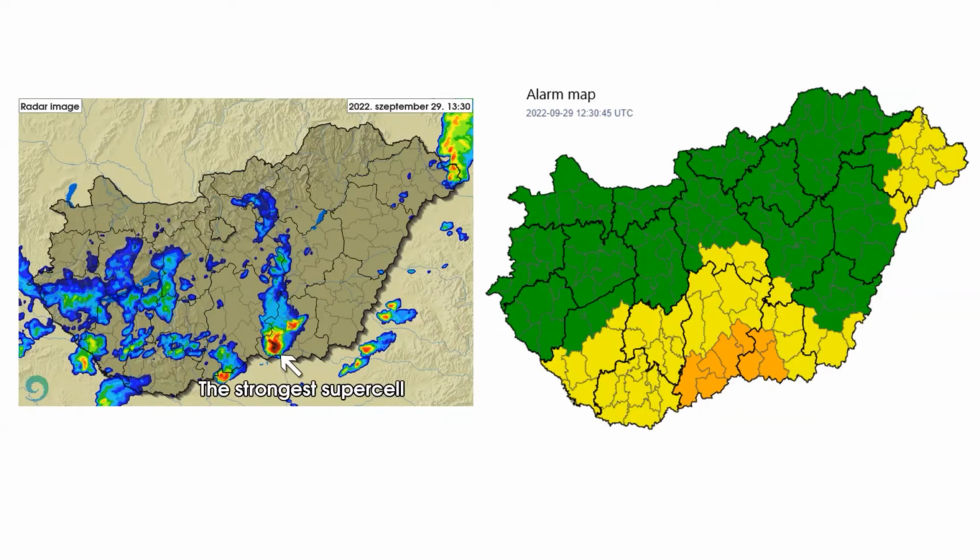You can see the level 2 with orange color, and in Hungary, in case of thunderstorms, we issue a level 2 orange alarm if the hail diameter may be larger than 2 centimeters and the strongest wind gusts may exceed 90 kilometers per hour.